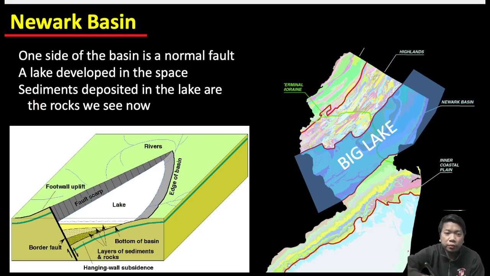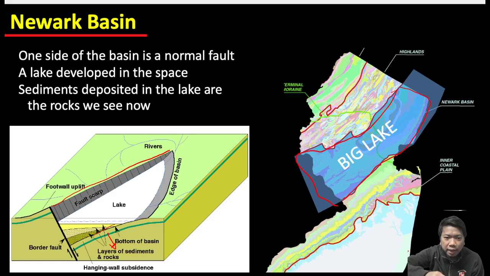This is how the Newark Rift Basins looks like. Again, the Newark Rift Basin is located right here in the middle part of the state. And it's bounded by a normal fault in the northwestern part of the basin. The normal fault indicates that the block right here in front of that dropped down.